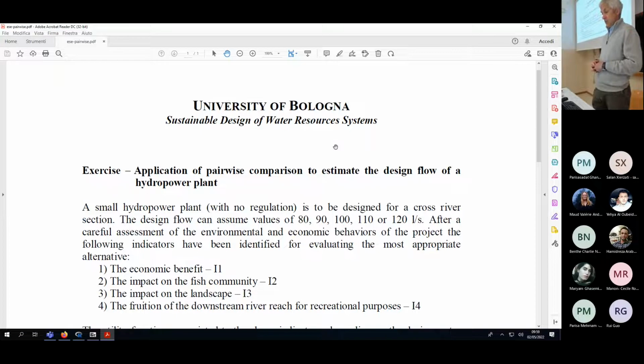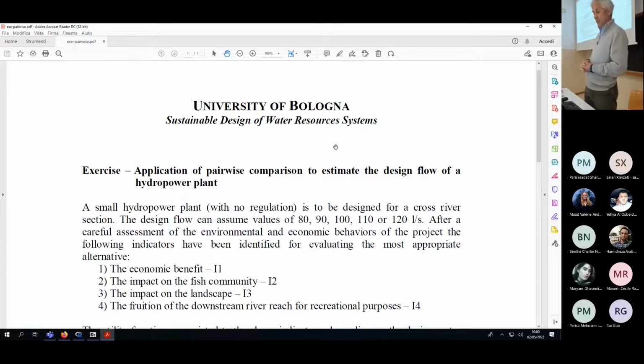Okay, so after a careful assessment of the environmental and economic behaviors of the project, the following indicators, or criteria, as you want, have been identified for evaluating the most appropriate alternative. The first is the economic benefit, which we identify with the acronym I1. The second is the impact on the fish community, I2.